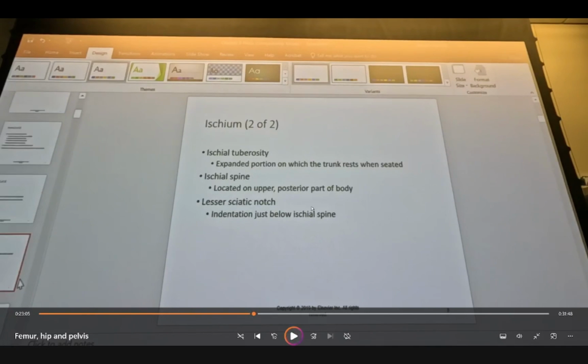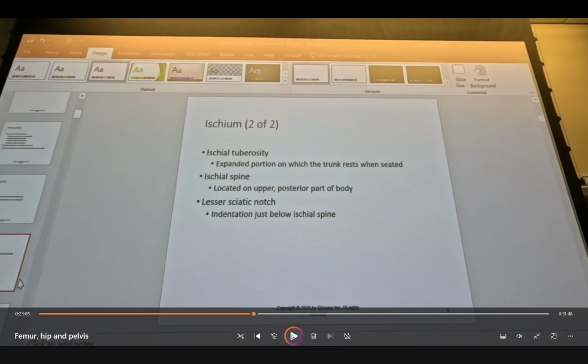So the ischium is kind of your, for lack of a better word, butt bone. So you've got the ischial tuberosity, and that's what you actually sit on. And then it forms a portion of the anterior pelvic bones, or the obturator foramen.